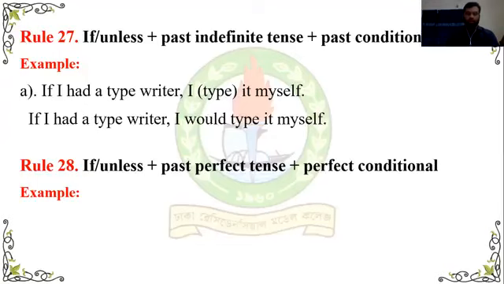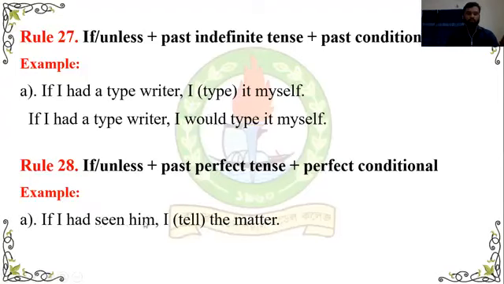Rule 28. If you see past perfect tense after if or unless, then you have to make the other clause perfect conditional. Okay, if I had seen him, I would have told the matter. Here you see, "I had seen him" is past perfect form.